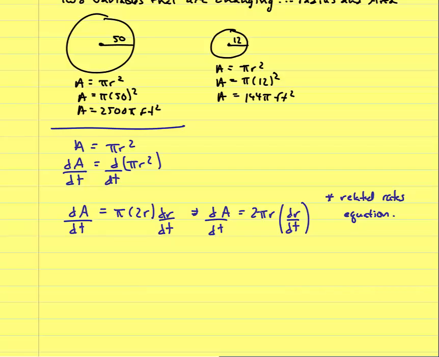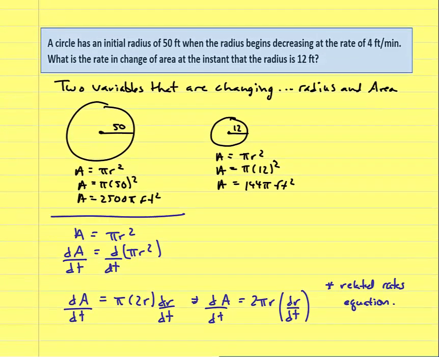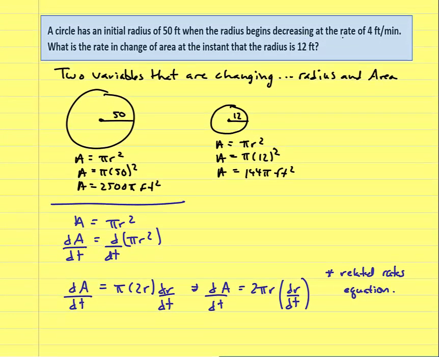Now we were given some other information as well: the radius begins decreasing at the rate of 4 feet per minute. Decreasing is important, and so is 4 feet per minute. So let's write something about that.